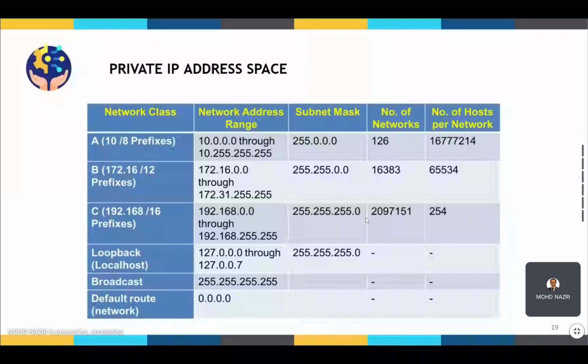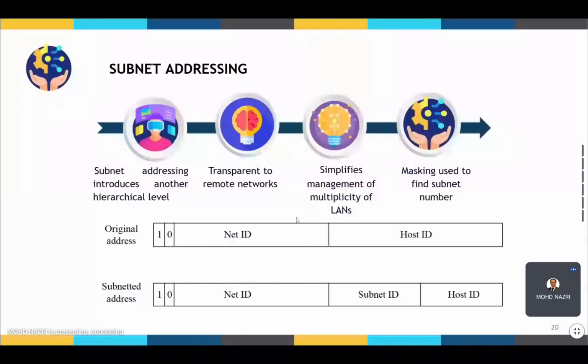Subnet addressing introduces another hierarchy level. It is transparent to the remote networks and simplifies management if there is a multiplicity of LANs. A mask is used to find the subnet number.